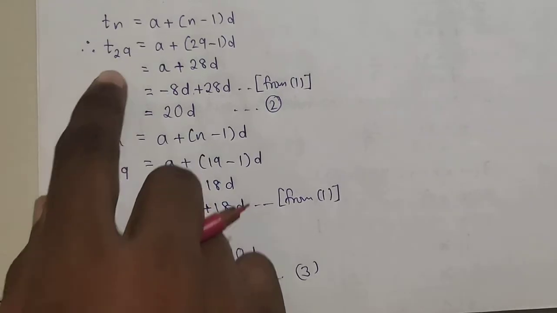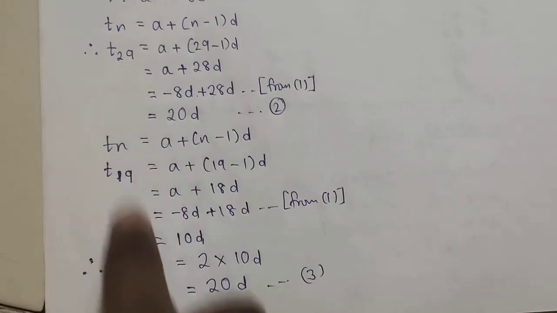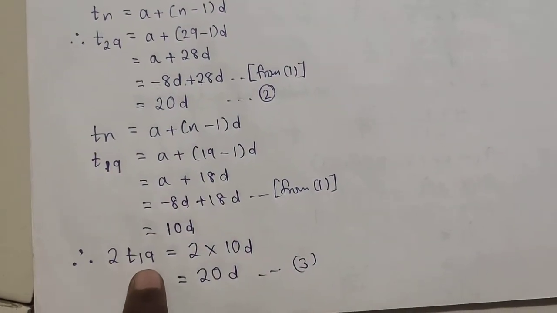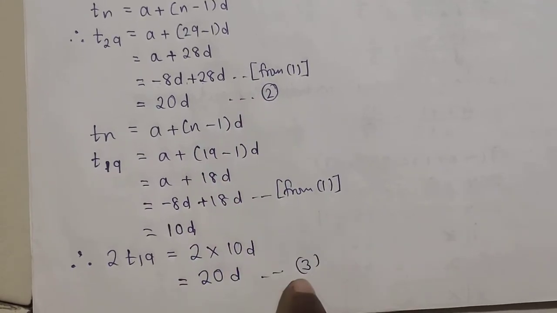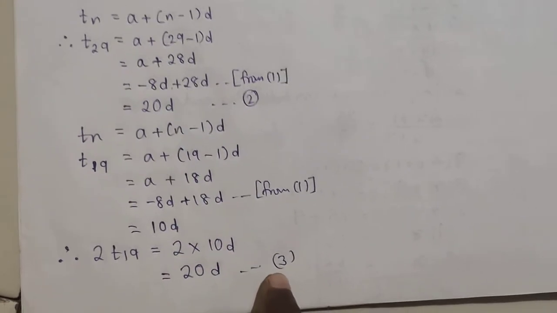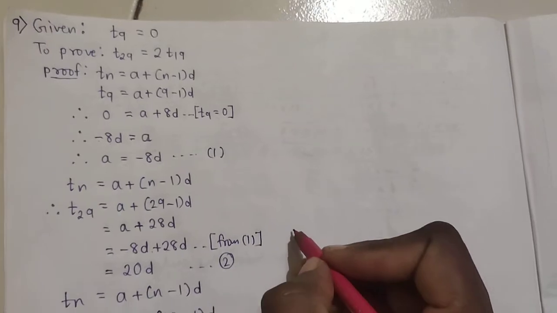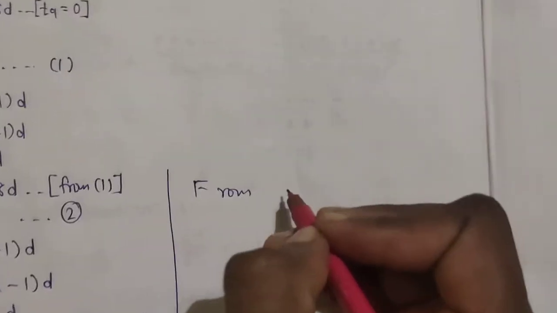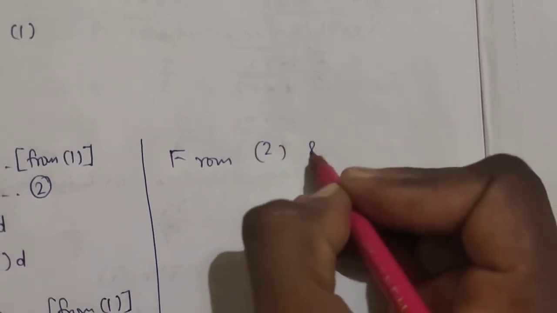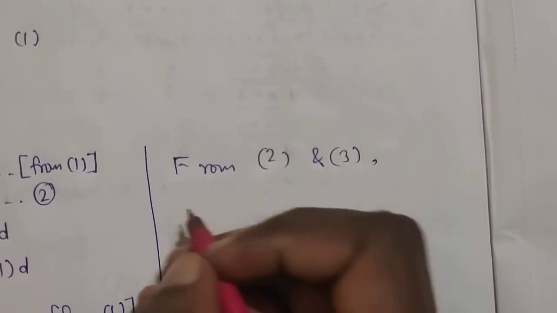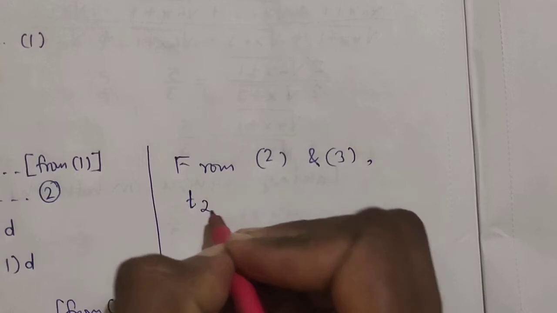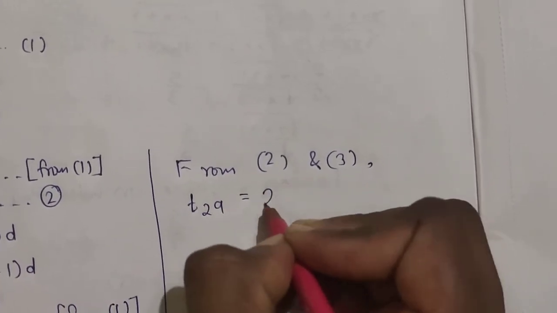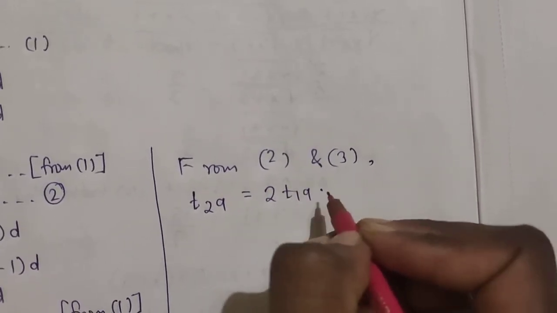So the LHS will be same, that is T29 is equal to twice of T19, if you use equation 2 and 3, and hence our result. So you can write here, from second and third equation, T29 is equal to twice of T19.